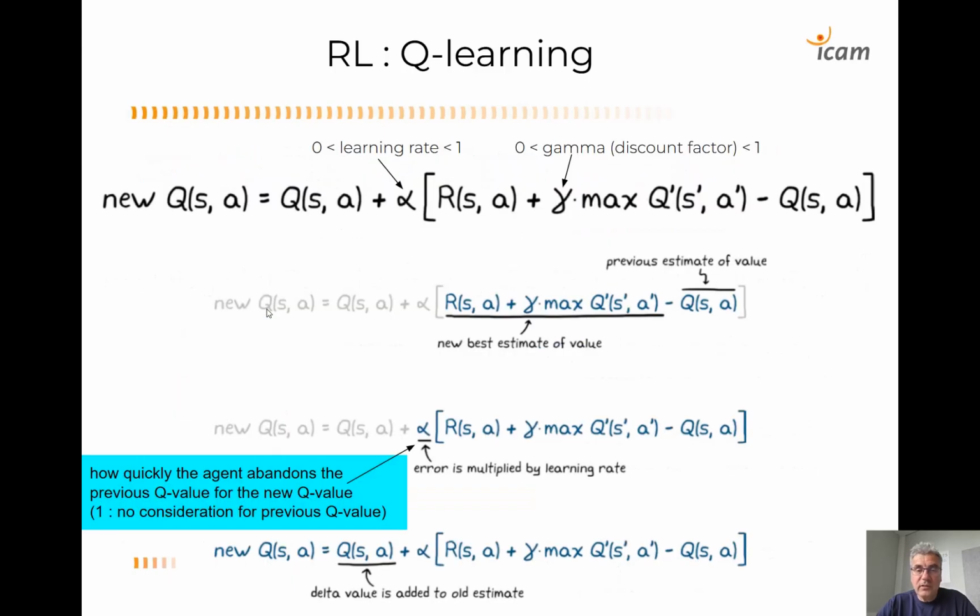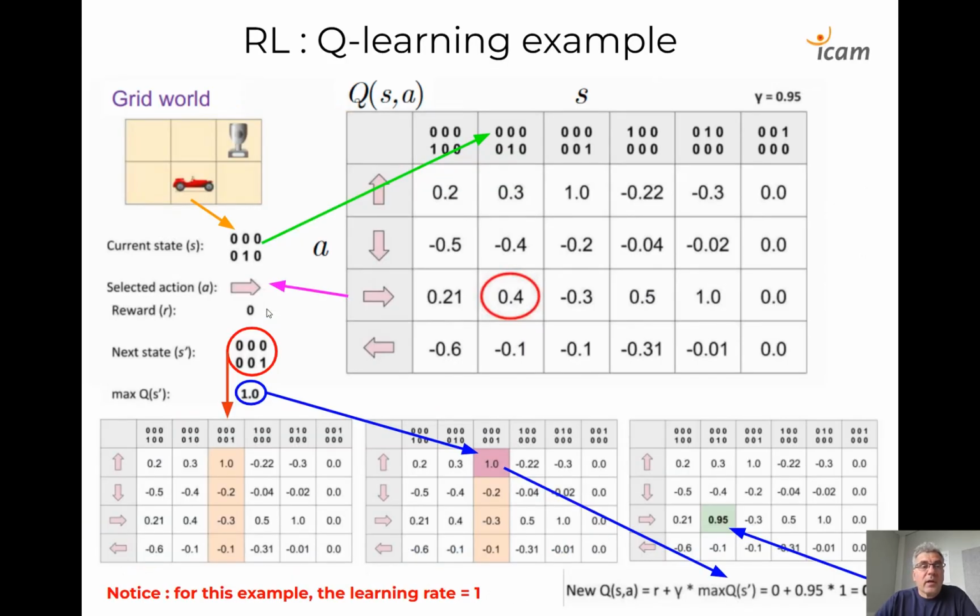Okay, let's see this on an example. For example, here we have a Q table. It's inverted: here we have actions on the rows, and states on the columns. So this is this little game.